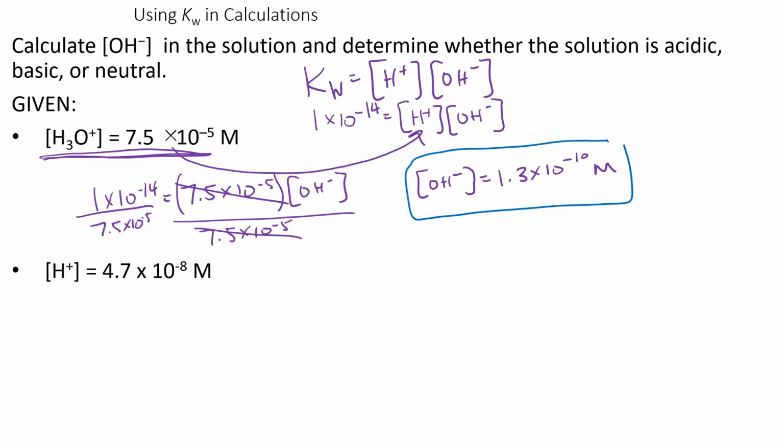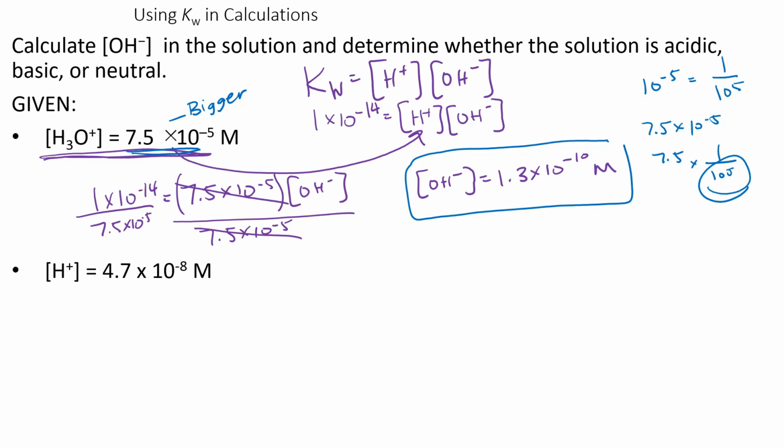In this one, the H plus is the bigger number. Remember, negative exponents cause the decimal place to move to the left. If you have 10 to the negative 5th, what that really means is 1 over 10 to the 5th. So 7.5 times 10 to the negative 5th is 7.5 times 1 over 10 to the 5th, so we're dividing by 10 five times.